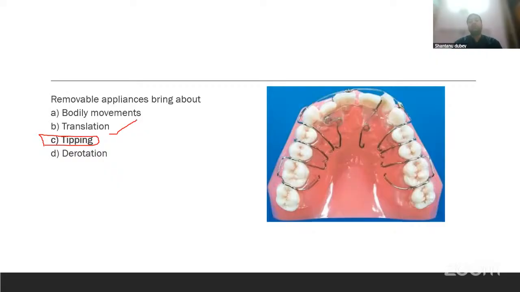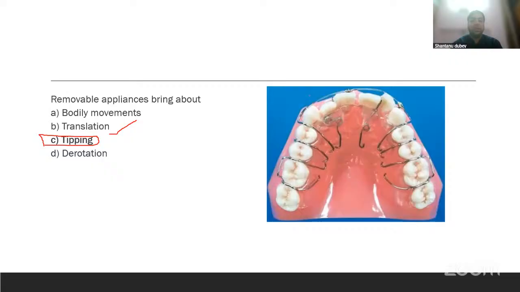It is very difficult to do bodily movement or translation even with braces. And imagine they are saying removable appliances will be able to do it? See, you all know that whenever the force is applied away from the center of resistance, tipping will be caused. Hence, the answer is tipping.